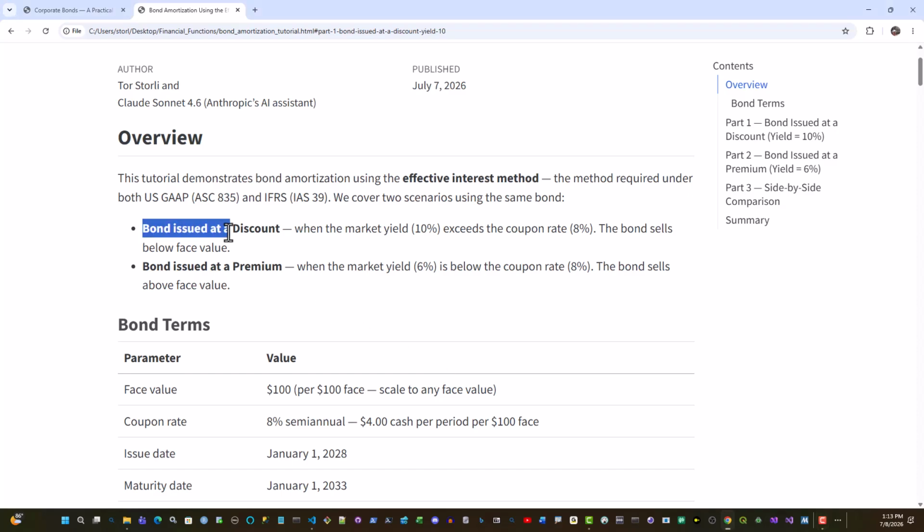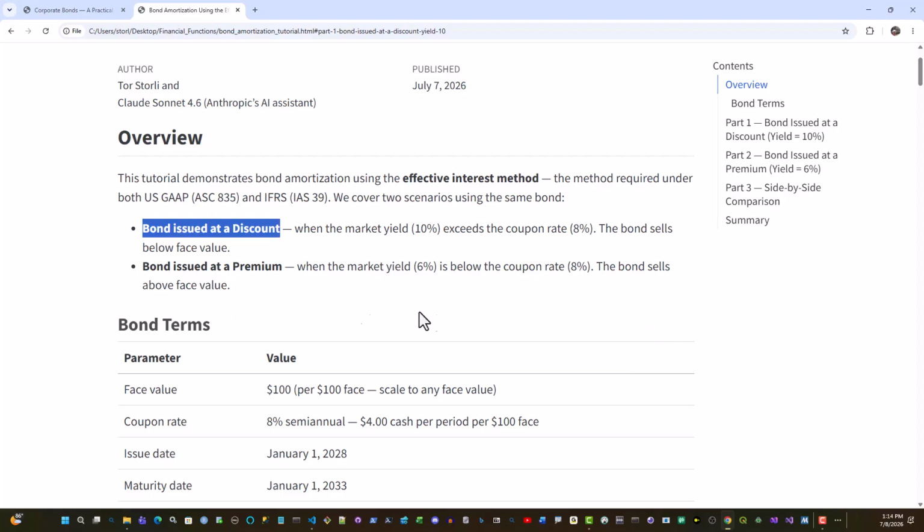When you issue a bond at a so-called discount, the market yield exceeds the coupon rate, and that's why you sell at a discount. Why? Because if the market rate is 10%, instead of buying these bonds you can simply invest in something that pays 10% instead of only getting 8%. Therefore, in order to equalize that investment, you need to lower the price. That's why the amount of money you pay for these bonds might be lower than the face value.